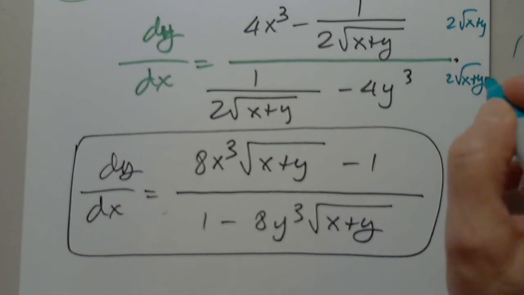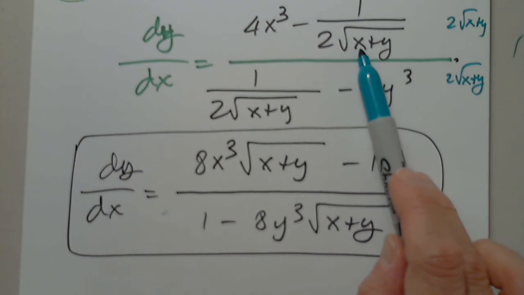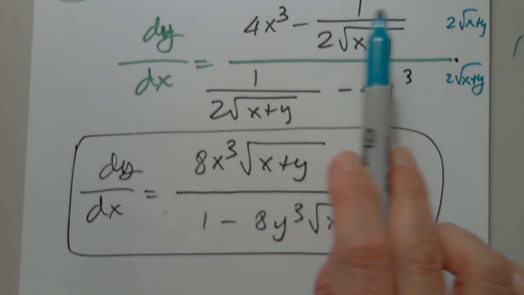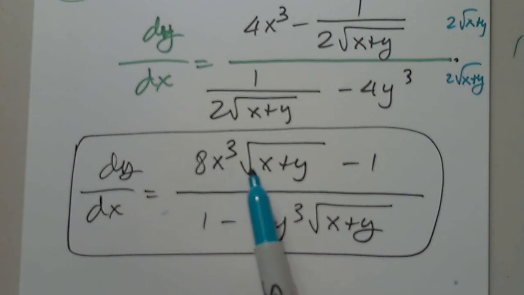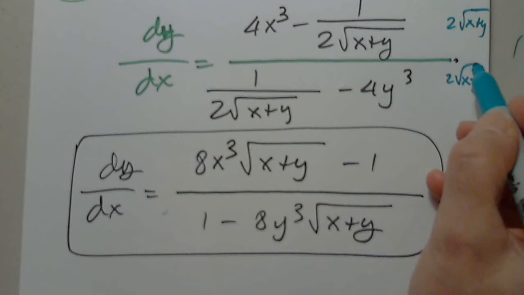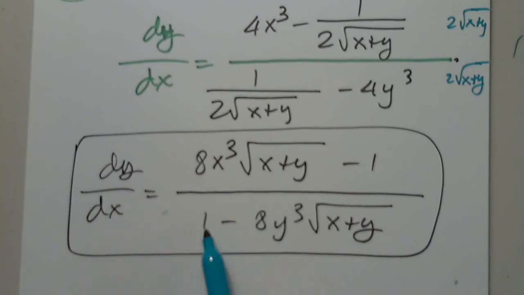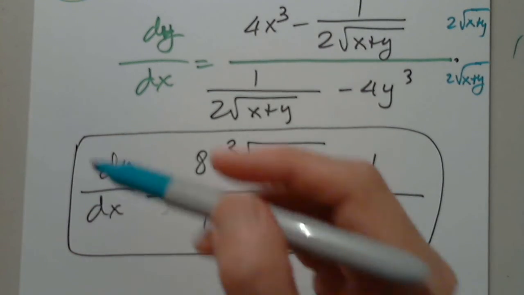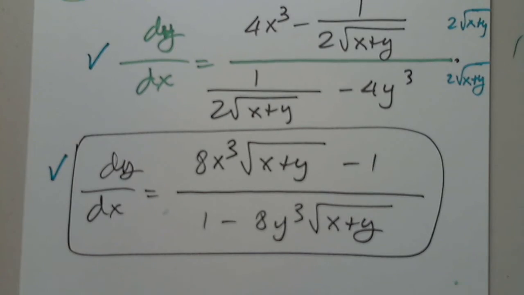I don't like this method, but it works here. When I multiply here, I get negative 1. When I multiply these two, I get this 8x cubed, then the square root of x plus y. And when I multiply here, I get 1. And when I multiply these two, I get 8y cubed, the square root of x plus y. This is okay.